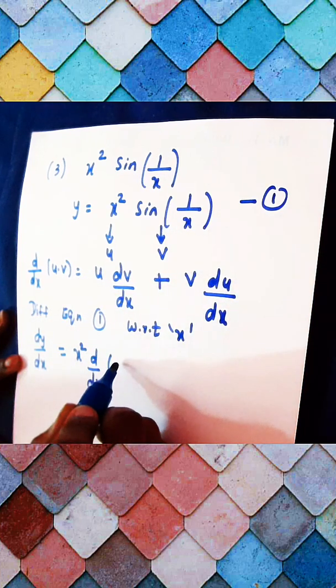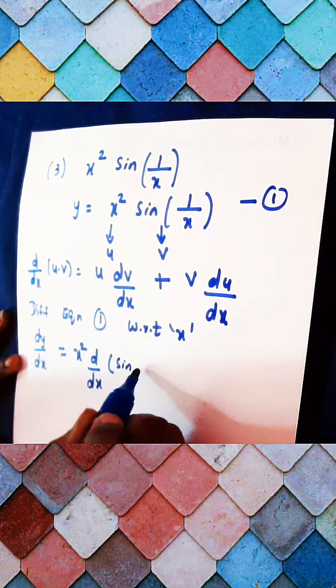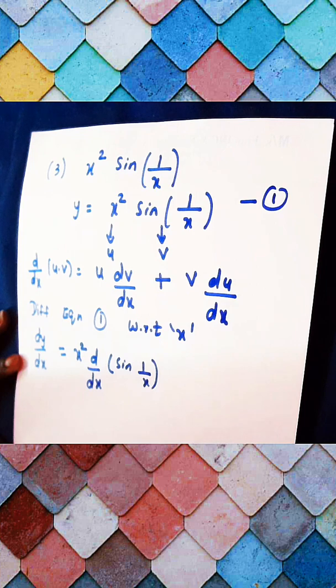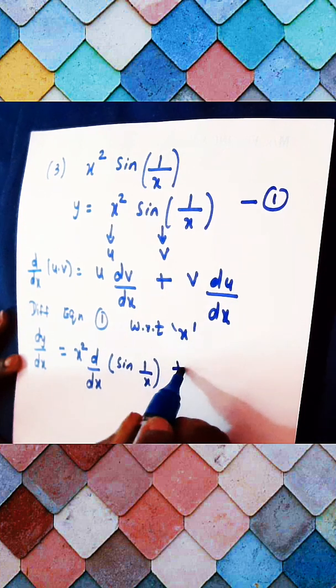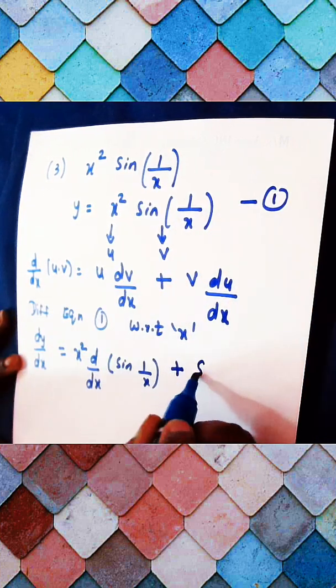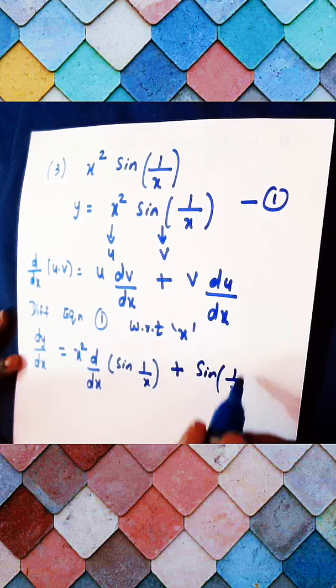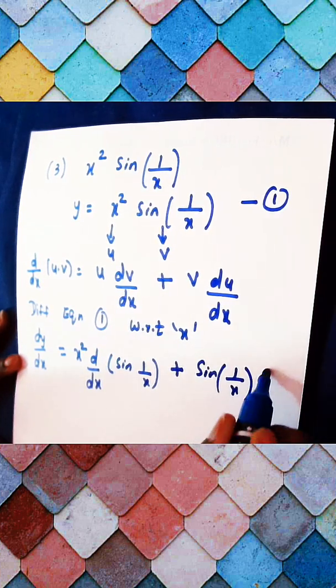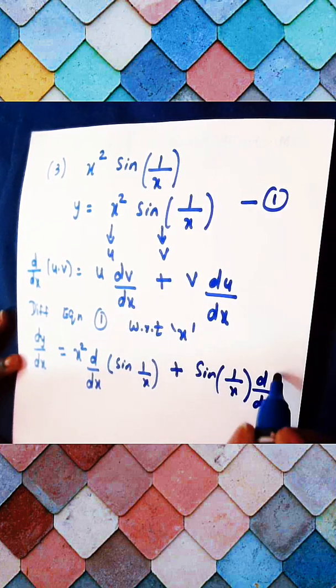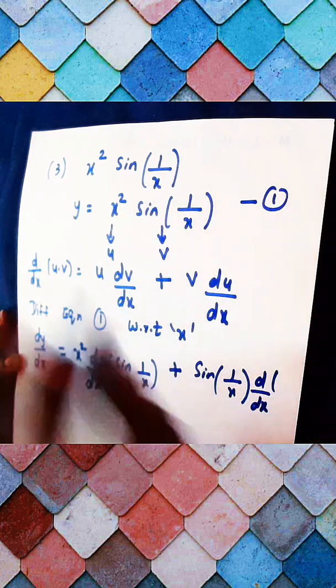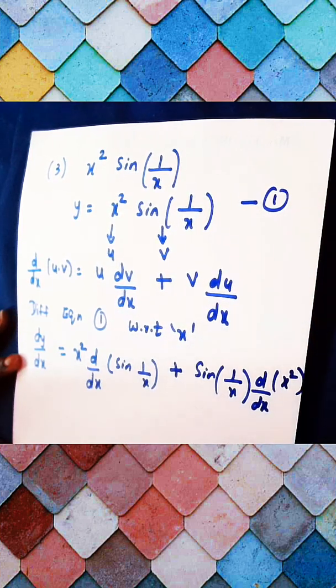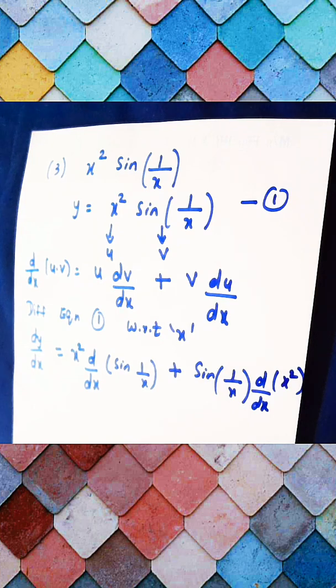What is v actually? Sine 1 by x. Plus v, sine 1 by x, keep it as it is. You have to differentiate u, which is x square. What I did, I just substituted in the formula.